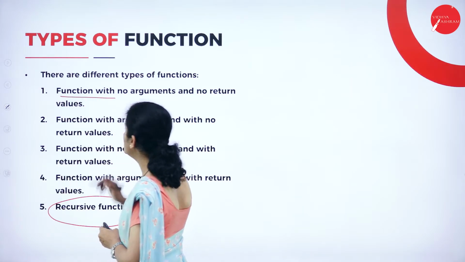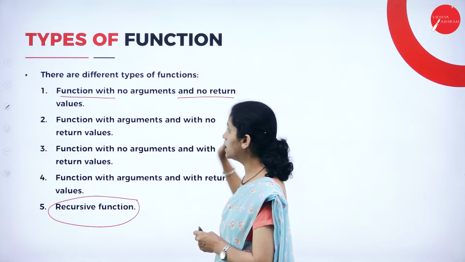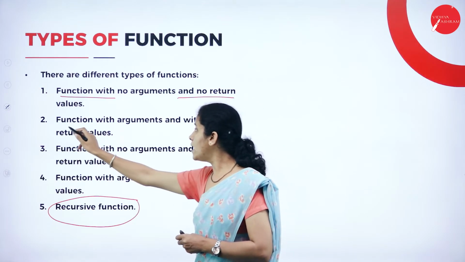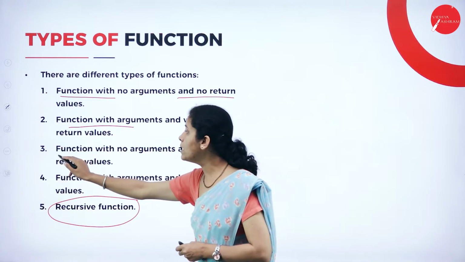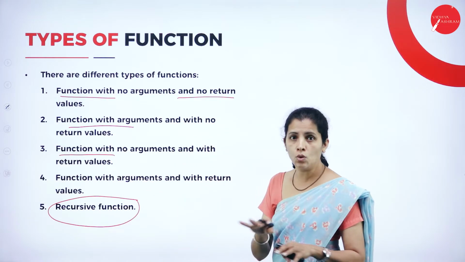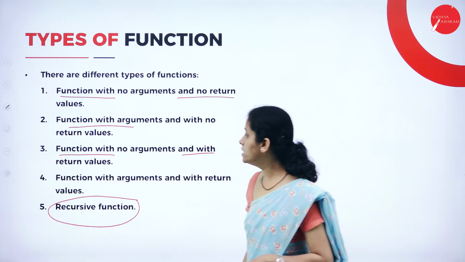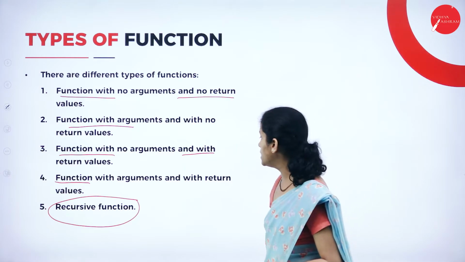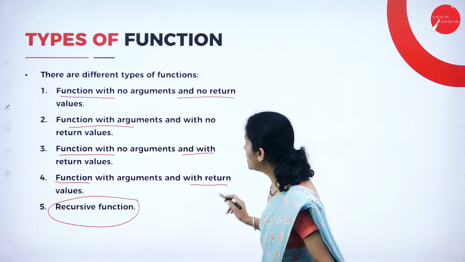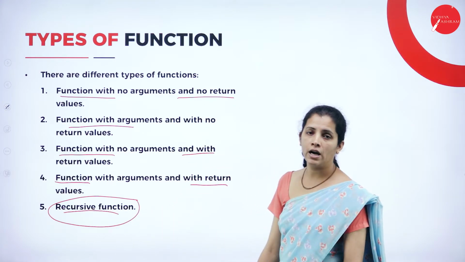That is function with no argument and no return type. Next type, function with arguments and no return type. Now I'm going to have function with no arguments and with return type or return value, and function with arguments as well as return values, and the last function here is recursive function.